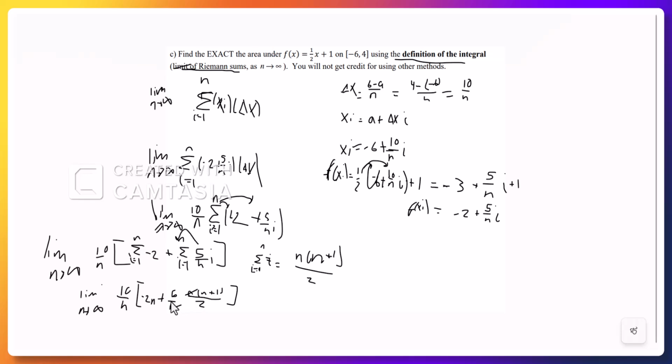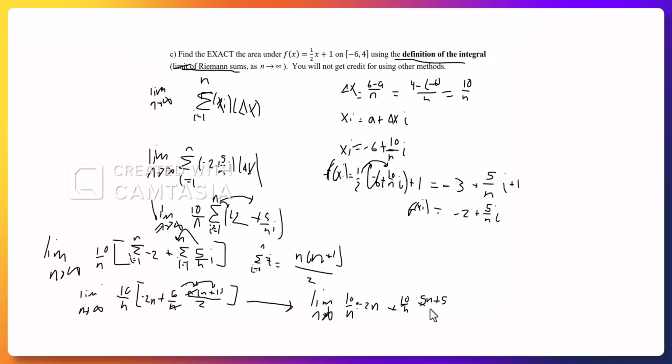So now let's rewrite this. As a limit as n approaches infinity, we have 10 over n times -2n, plus 10 over n times 5 over n, times n plus 1 over 2, because you're distributing the 5 with the n plus 1 over 2.